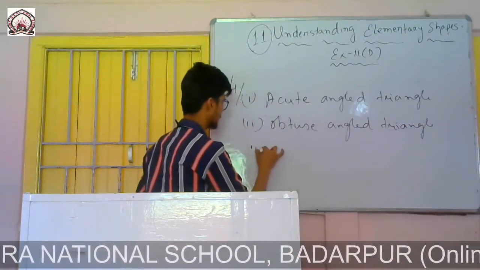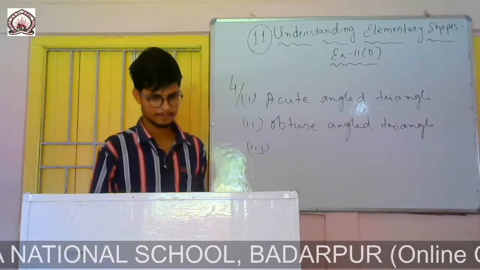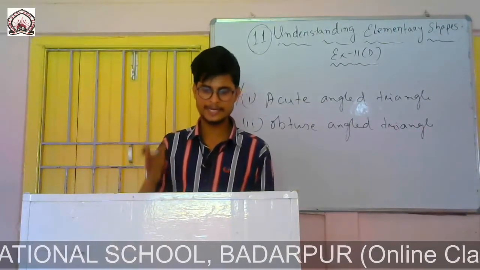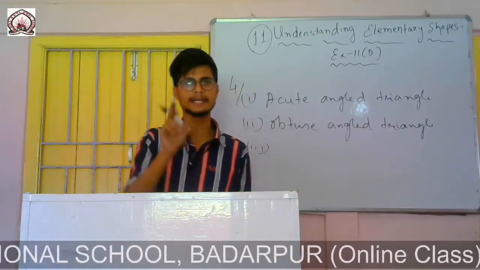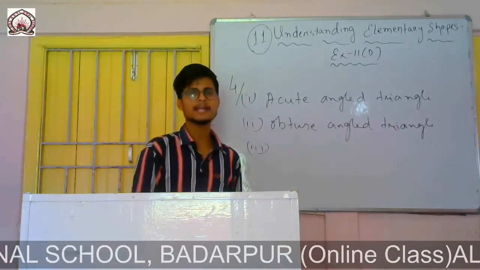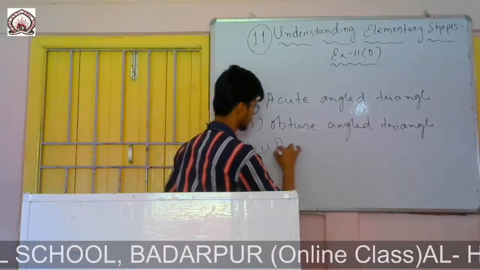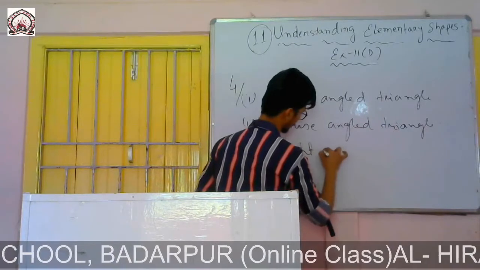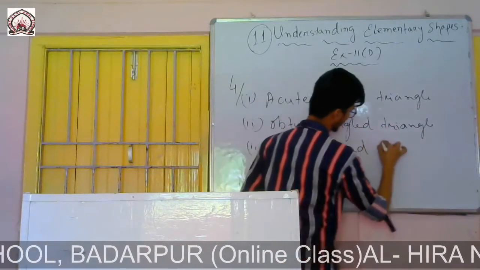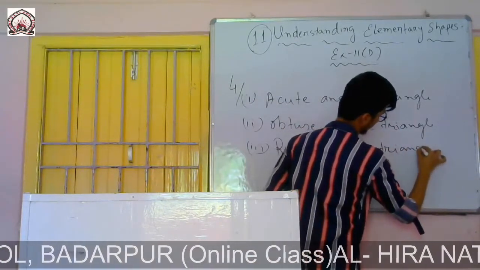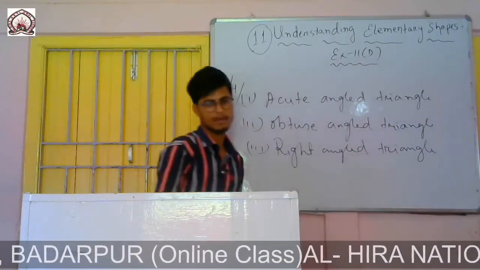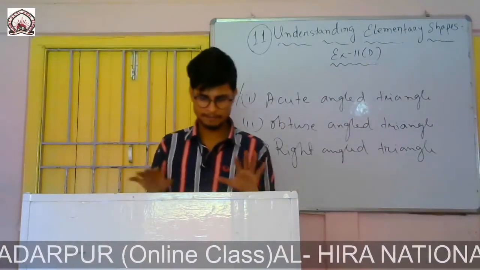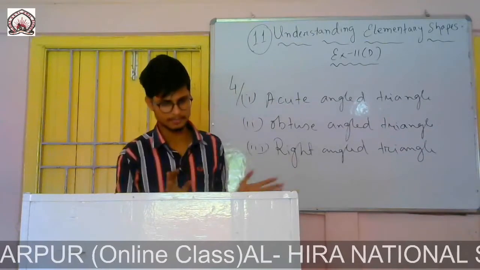Roman number 3: 30 degrees, 60 degree, 90 degree. One angle is 90 degree, that means it is a right angle triangle. Roman number 4, 5 and 6 you try same like this one.